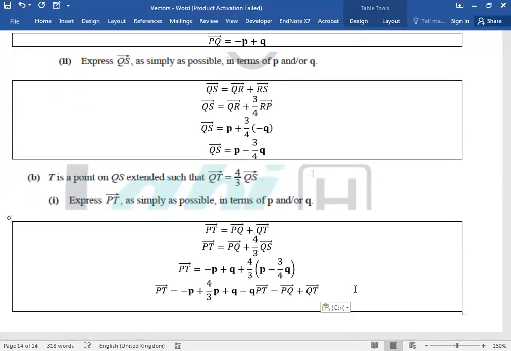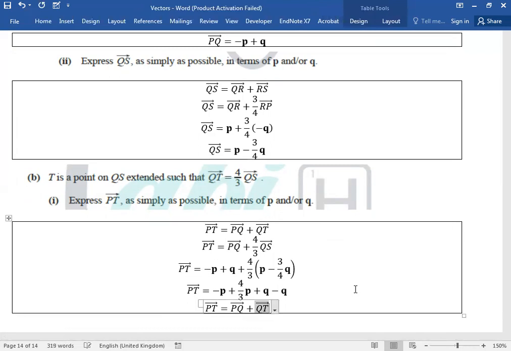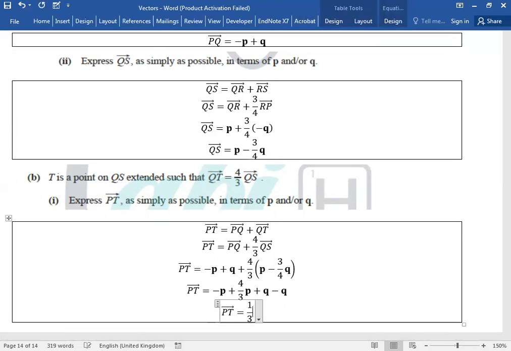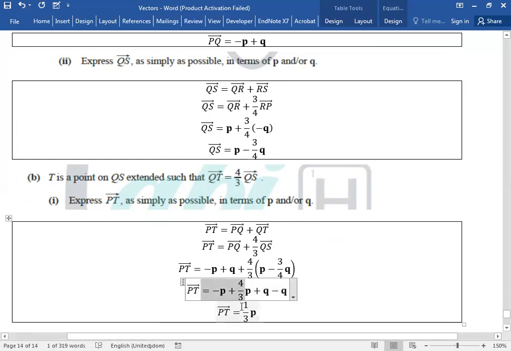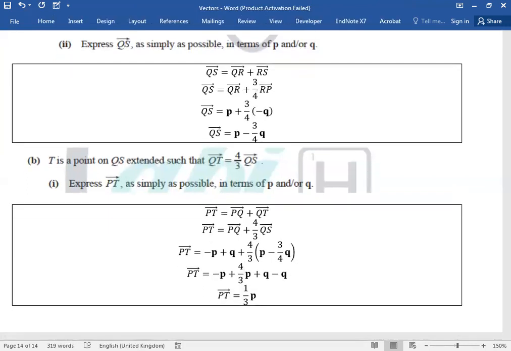PT जरा बताओ मुझे. LCM लो 3. यही आ रहा है. Take the LCM 3 minus 3 plus 4 is 1/3 of P. ये तो हमने आंखें बंद करके कैलकुलेट कर लिया.